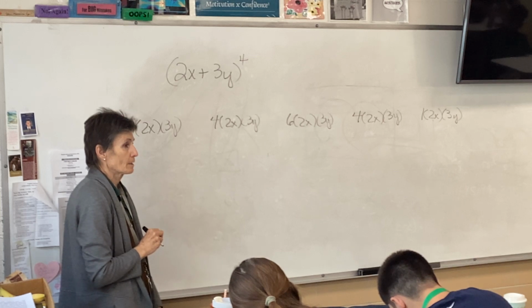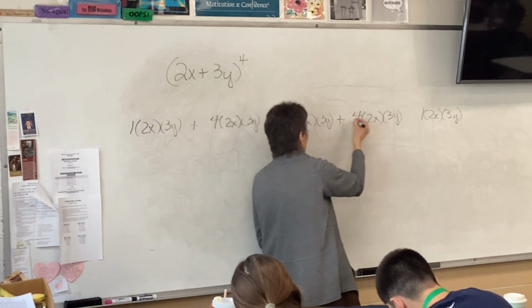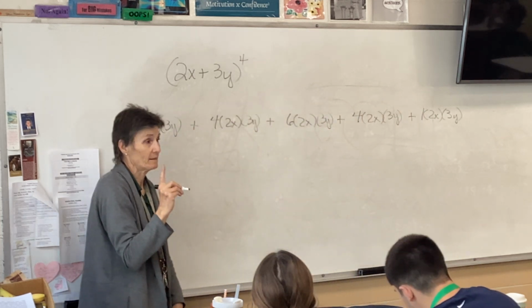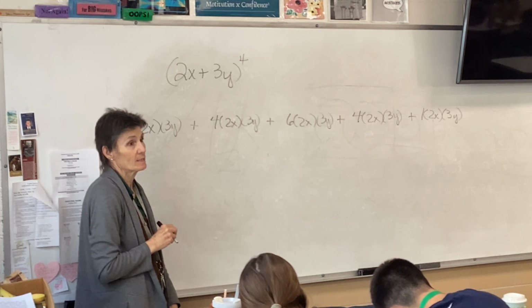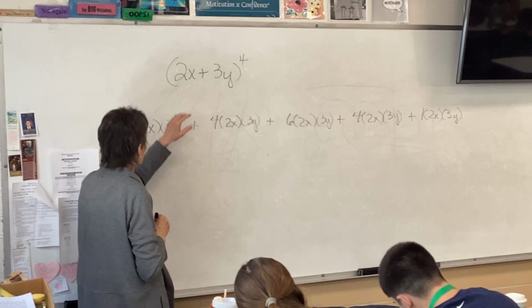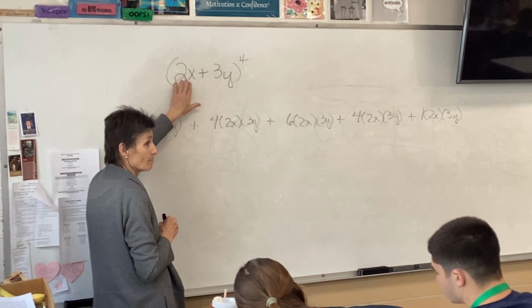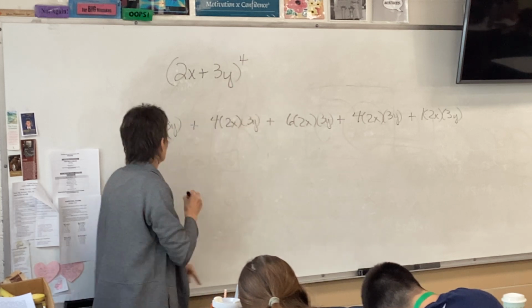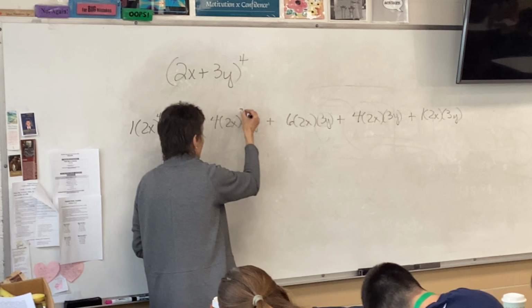Plus. Well, they're gonna have pluses, but I'm not done yet. There's something missing. The exponents are missing. Gotta have the exponents. So remember, the first term, 2x, first exponent will be 4. So this one gets a 4. And then I just go down the line.